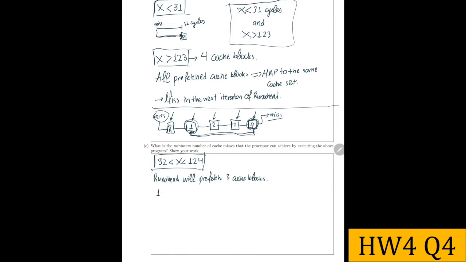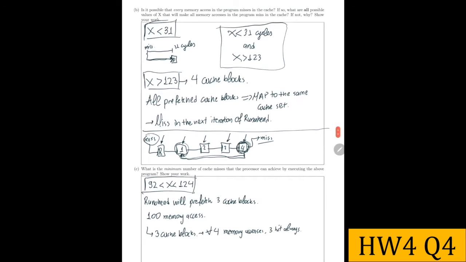So if we prefetch 3 cache blocks, then if we have 100 memory accesses, imagine for every memory access we go and prefetch 3 cache blocks. This means that for every 4 memory accesses, 3 hit always. And we do not have the issue with thrashing, as we explained here.